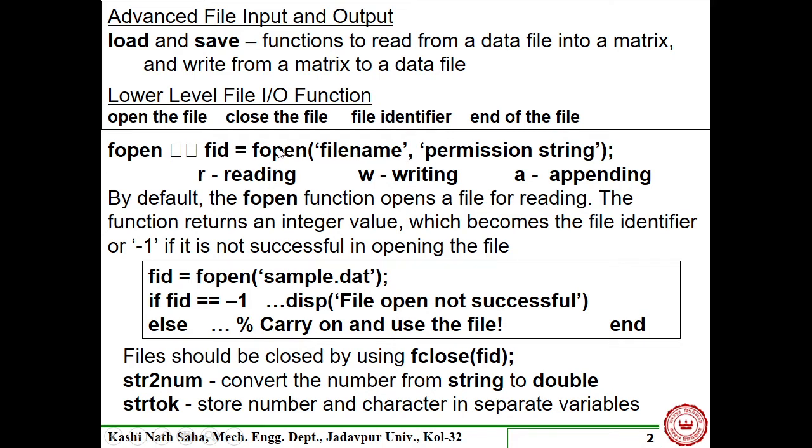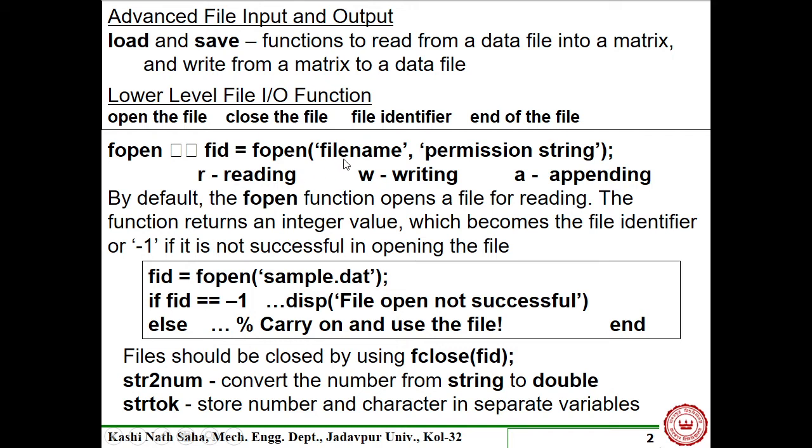Now, if we open another file using fopen once again, so this is file name 1, we have a file name 2, and these two handles would be different, which we can assign as FID1 and FID2.